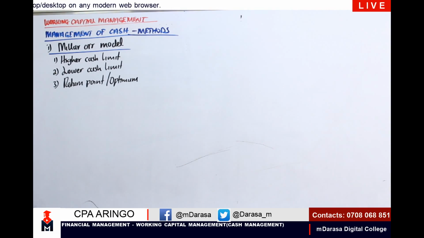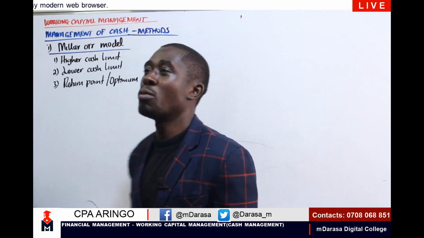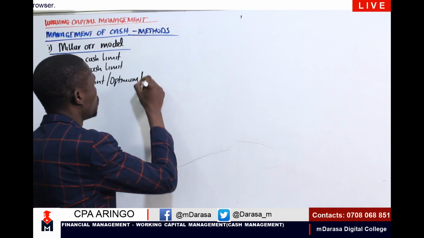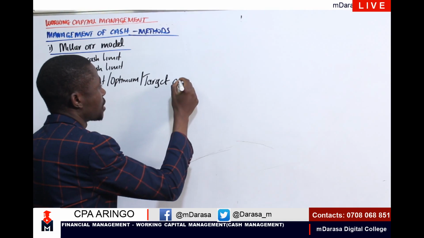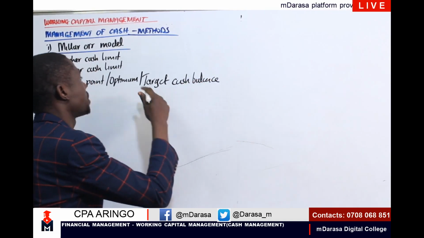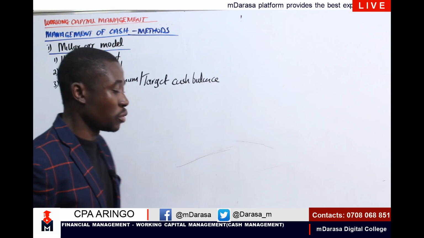Some will also refer to it, other than optimum, as the target cash balance. All these are terms that you can use to refer to the return point.